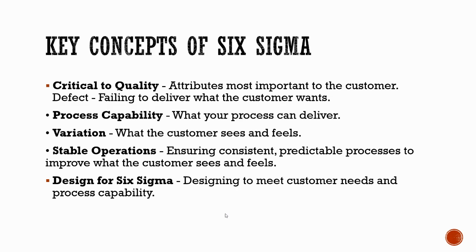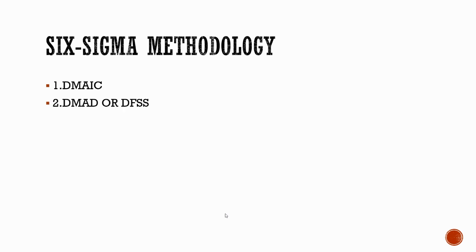Then stable operations: ensuring consistent, predictable processes to improve what the customer sees and feels. So according to customers' reaction, we should be able to predict the improvements needed to the processes. In Design for Six Sigma, we design to meet customer needs and process capability.